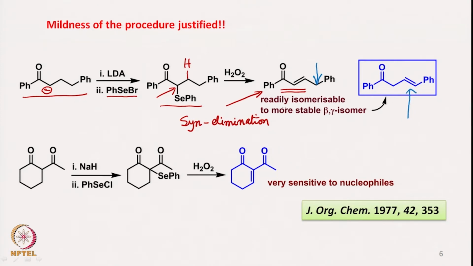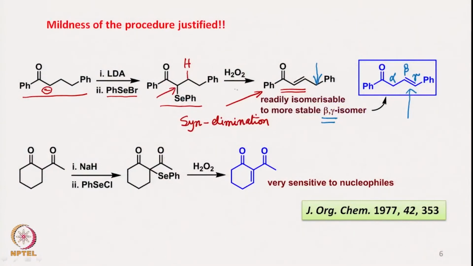So, this particular substrate is very easily isomerizable to the more stable beta gamma isomer. So, this is the alpha position, this is the beta position and this is the gamma position. So, one can do such an isomerization if one needs it.